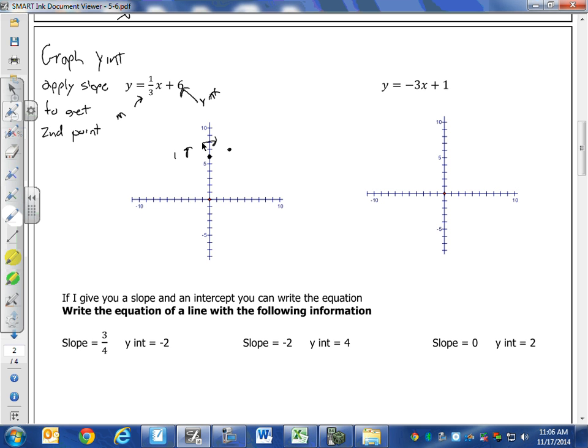Let's make sure we're paying attention. 0, 6, 3, 7. I plug in 3 for x. I get 7. So it worked. Let's do it for the other equation if we haven't done so yet. Graph the y-intercept, apply your slope.